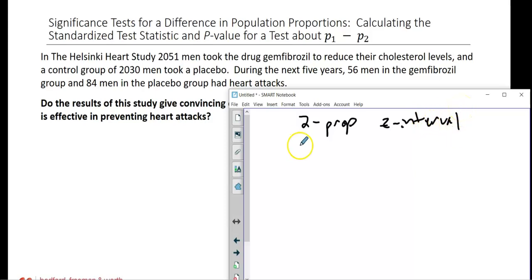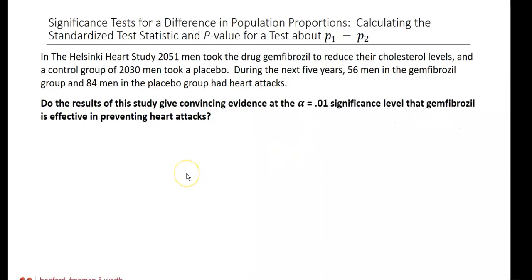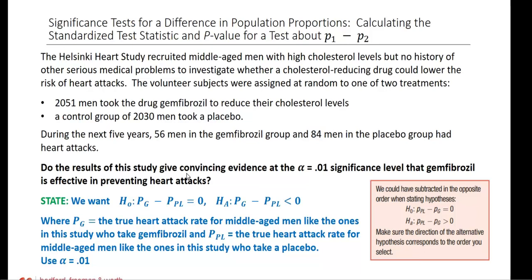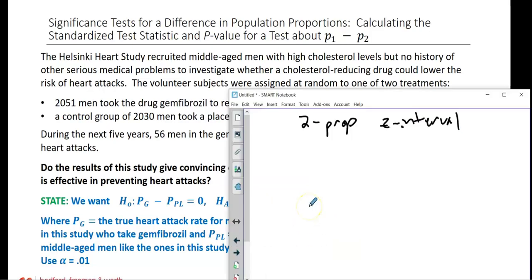Okay, so what are the conditions? Random. Usually I'm looking for something like random sample. Let me look at the whole problem. We're assigned at random to one of two treatments. So this is an experiment, right? Sometimes, if you didn't catch it the first time, ask what's the first condition?